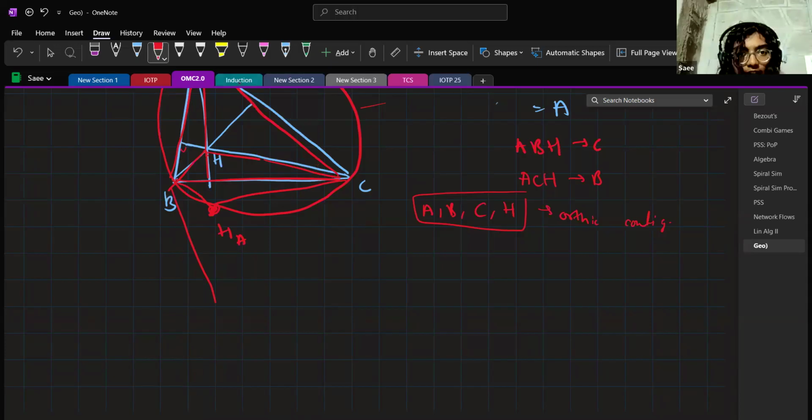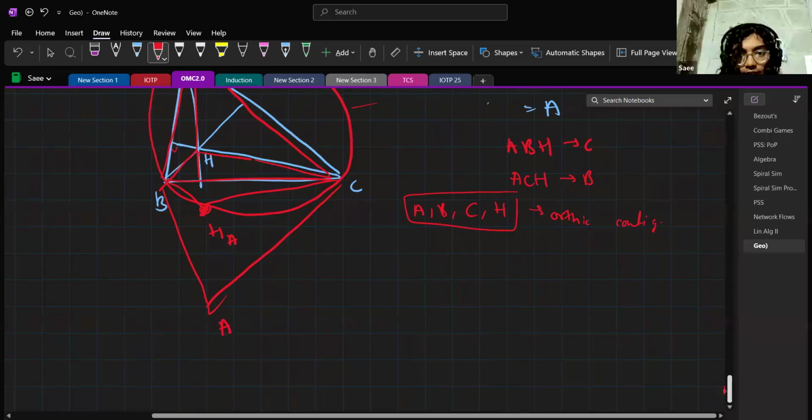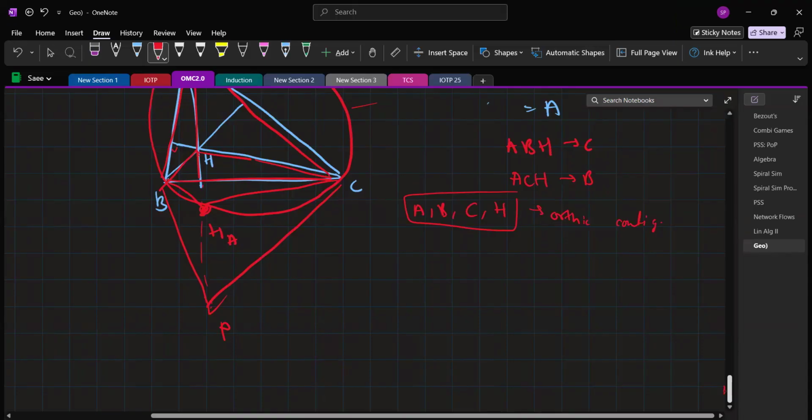You can get this nice configuration. What should we call this reflection? I'm running out of names. A star? Oh, but this is horrible naming. I'll just call it P. So P is the reflection of A across BC. Now you get that. There's two things in the underscore. That's too bad.